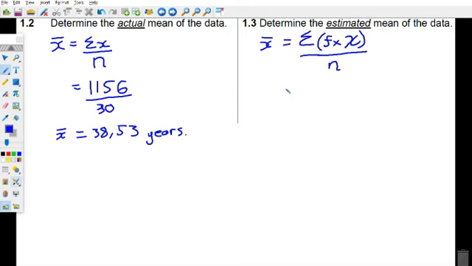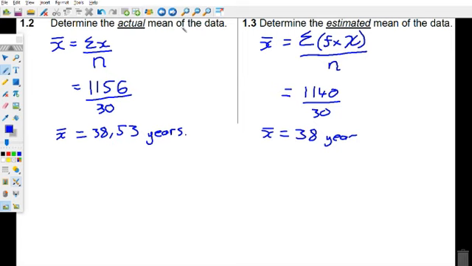Okay, so we can see there when all the data is grouped together, the estimated mean is 1,140 divided by 30. So we're going to divide that by 30 and we're going to get an estimated age of 38 years. Now have a look. Why do we have differences? My actual mean is 38.53, but my estimated mean is 38.